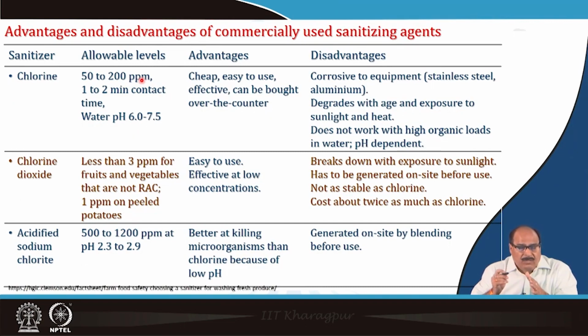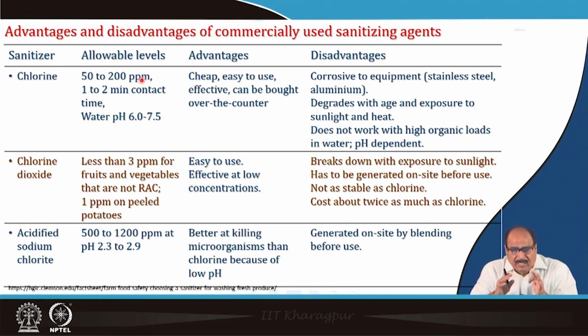So, the commonly used sanitizers, their allowable levels, advantages and disadvantages are given in this slide. For example, chlorine: its allowable levels are 50 to 200 ppm for 1 to 2 minutes, that is the correct contact time, and the pH of the water should be in the range of 6 to 7.5.